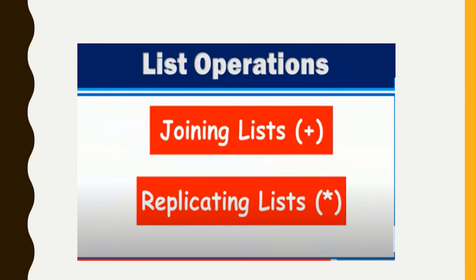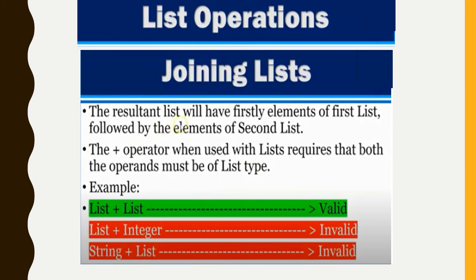Now two important operators along with lists are the plus operator, basically concatenation, and the replicating operator, that is the replication operator, star. Let us see how. Joining lists: the resultant list will have the elements of the first list followed by the elements of the second list.